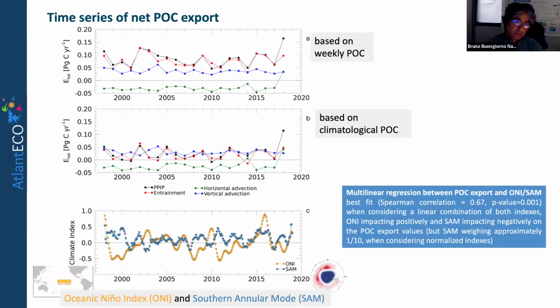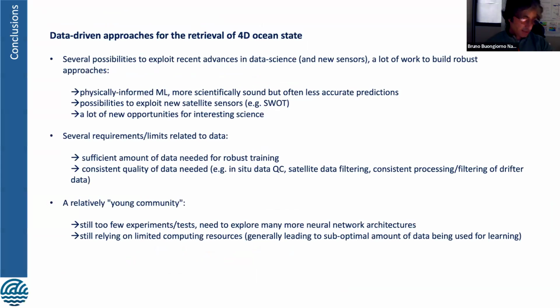And so we started to analyze also the relation between the variability we observe and some climatic indexes. Specifically, we've been looking at the oceanic Niño index and the southern annular mode, and we have seen that we can explain a big part of what we observe with just a linear combination of these two indexes. And so basically this is it, and maybe I was longer than expected.